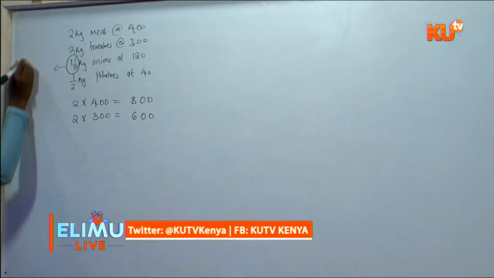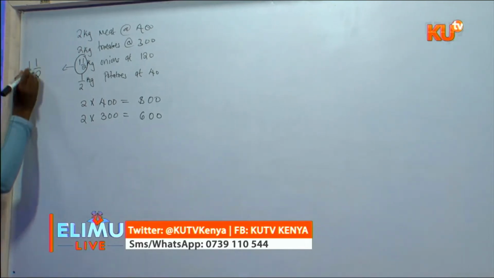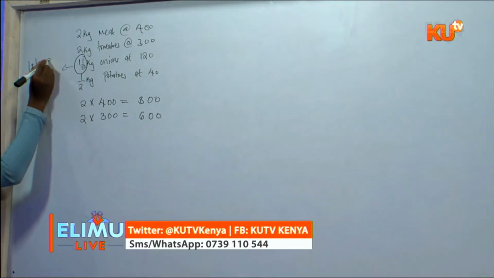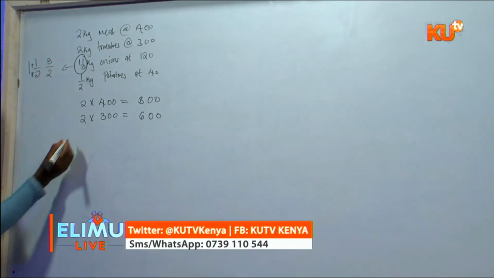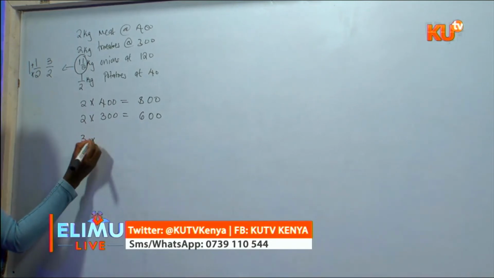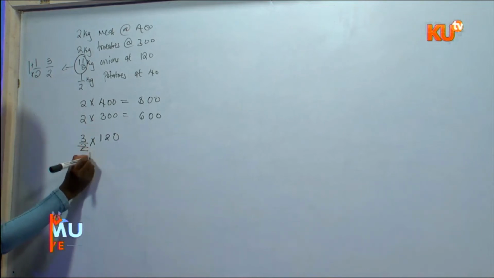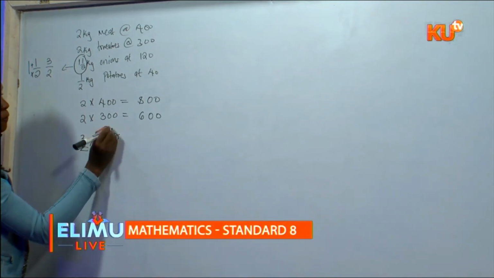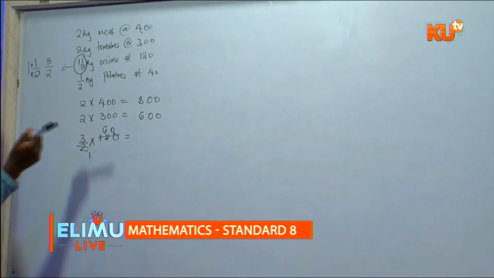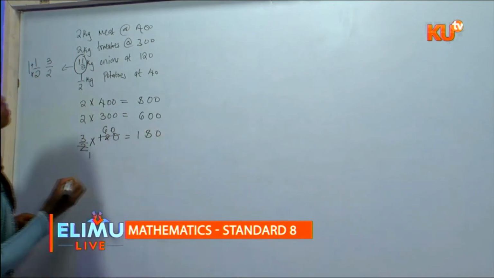You take the whole number times the denominator plus the numerator. This is 2 plus 1, we get 3/2. So 3/2 times 120, by 1 by 2, 60. 3 times 60, we get 180 shillings.